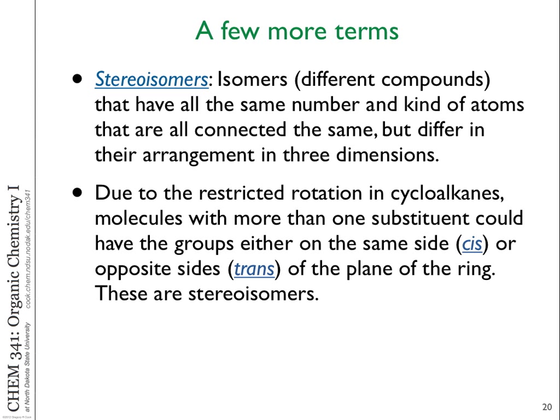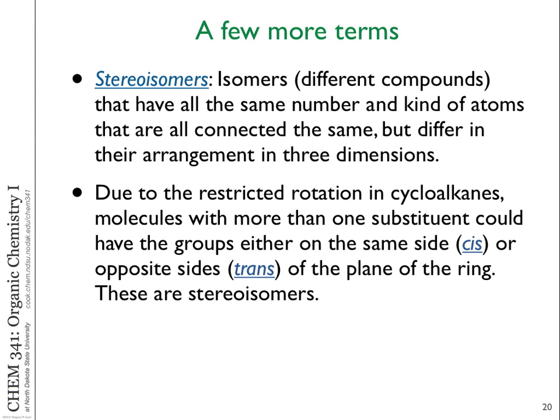We talked about isomers of molecules which are different in how their atoms are connected together, right? They're connected differently. They have a different skeleton. So butane versus 2-methylpropane, or isobutane. Those are constitutional isomers.